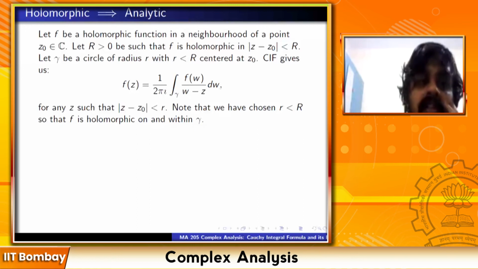There is a disk of radius capital R on which the function is holomorphic. Now I have taken a disk of smaller radius, small r, centered at z0, which is contained in that bigger disk, and applying Cauchy integral formula to points which are in the interior of the smaller disk.